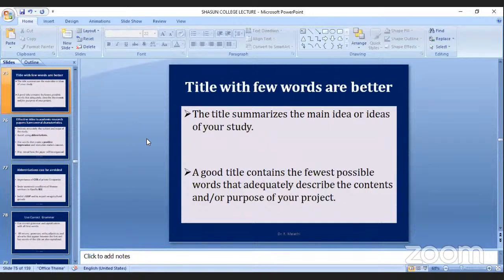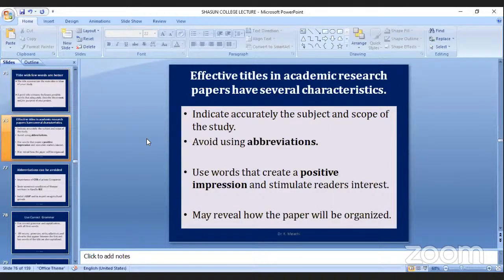So from the title itself, it should be very effective. Avoid using abbreviations. Always create a title with a positive impact, so that people really want to read your paper.